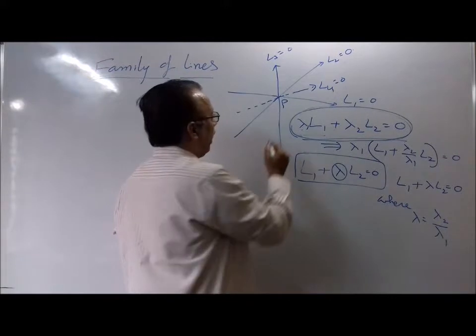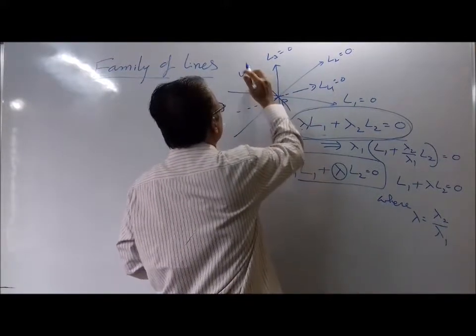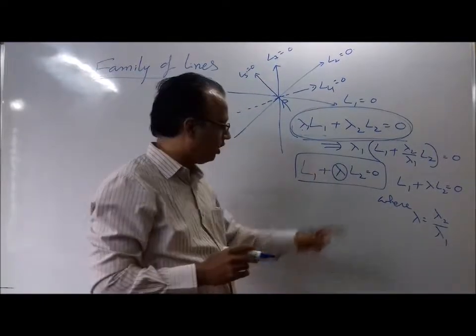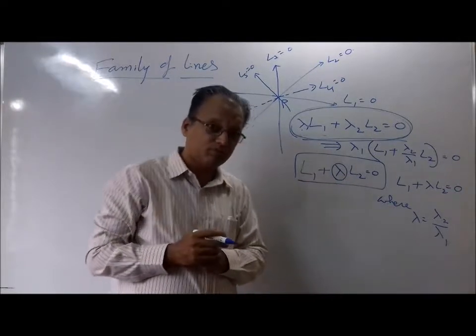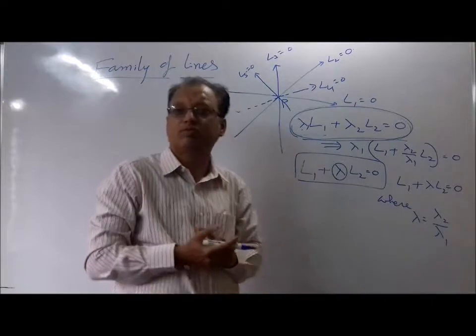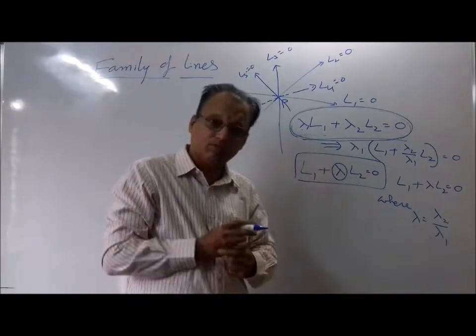Another line, L5, is also L1 plus lambda L2, but lambda will be different.